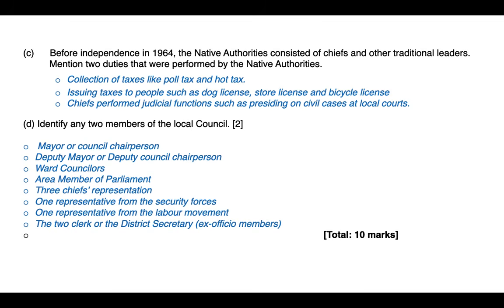Sometimes they call them the ex-officio members. You can list these for studying, because in the next exam they can say write 4, so you have to at least take note of the members of the local council.